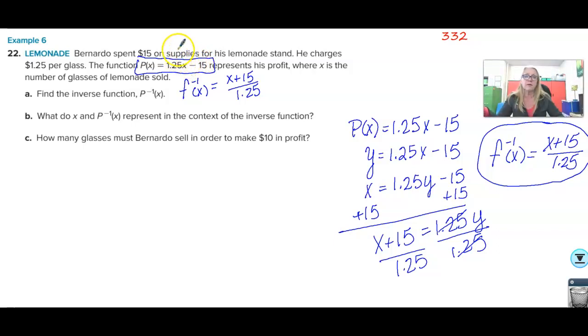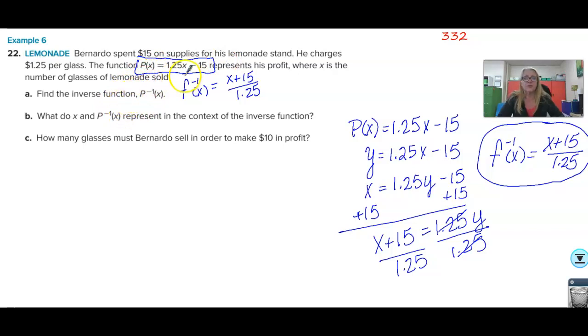All right, so this is how much total money he has, and the x is how many glasses of lemonade he sells, okay? Well, when we switch it, what does it represent? Well, remember, when we do an inverse function, we're solving for something else. So this P of x is no longer going to be how much. Let me check and see how this one looks. Hold on a second. Okay, this looks like drop-down boxes, so you're not going to have to explain this.